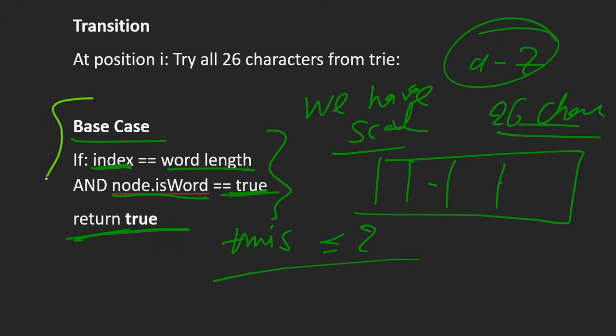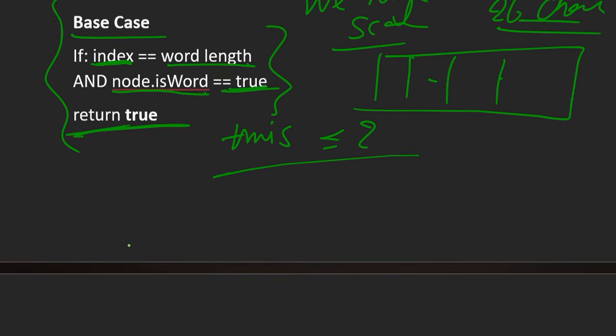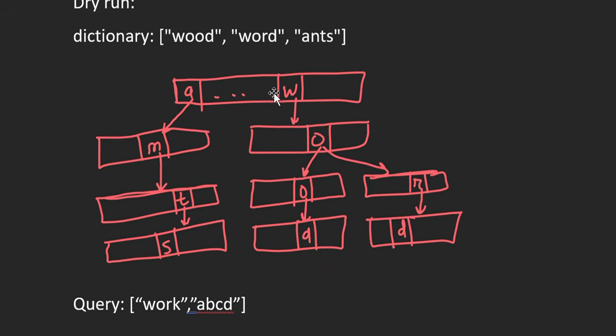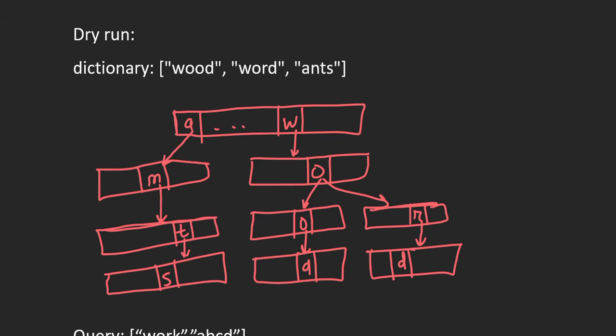In that case we return true, right? And if any path returns true, then the query is valid. So let's try to understand with the help of an example.